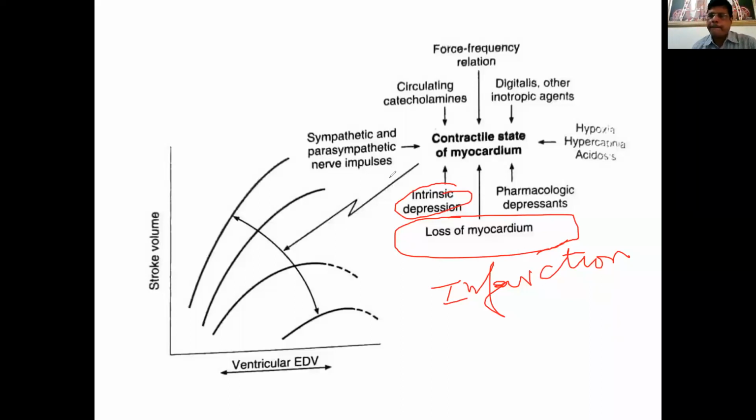Increase in intracellular calcium, the myocardial calcium concentration. And the other factors like hypoxia, hypercapnia, acidosis, pharmacological depressants, loss of myocardium, intrinsic depression, all that will cause a decrease in the inotropy.